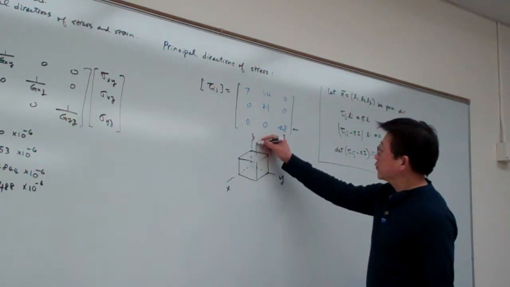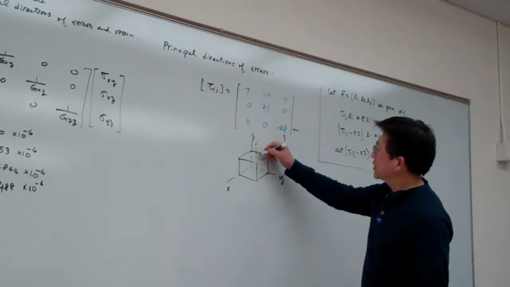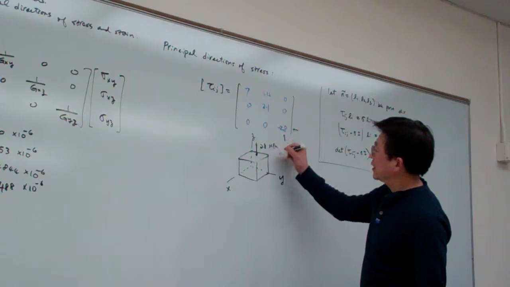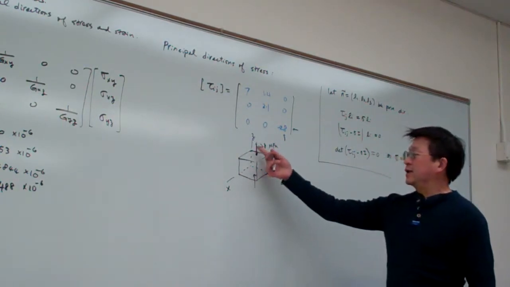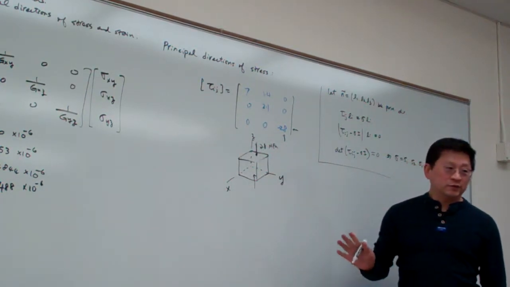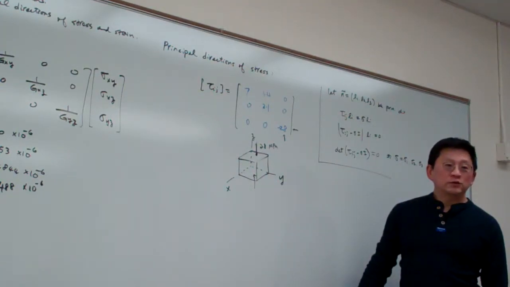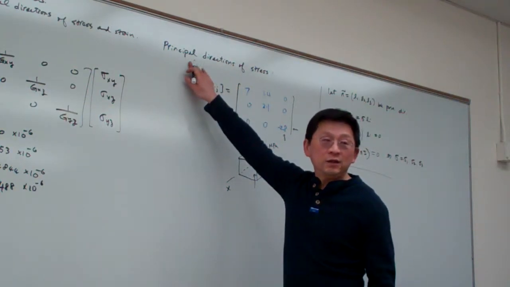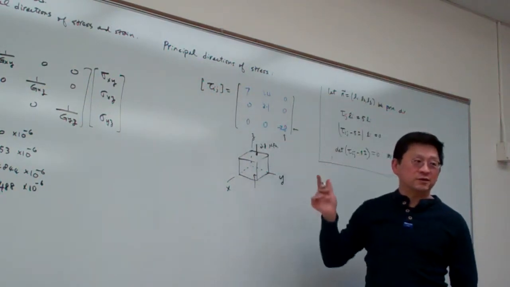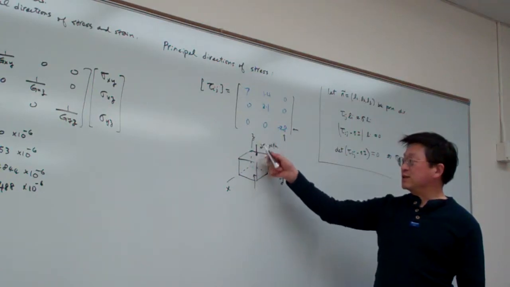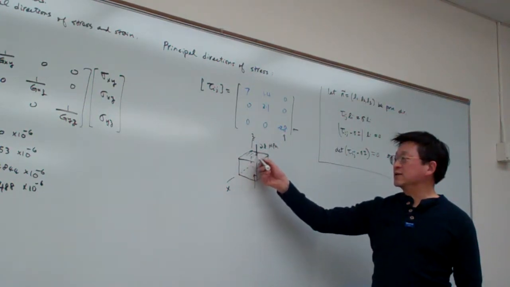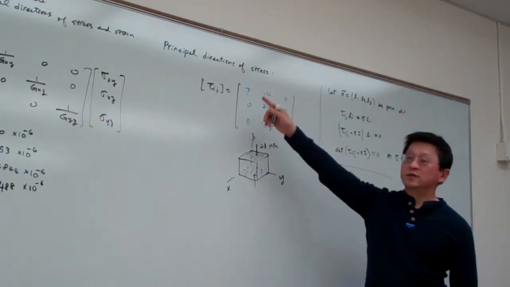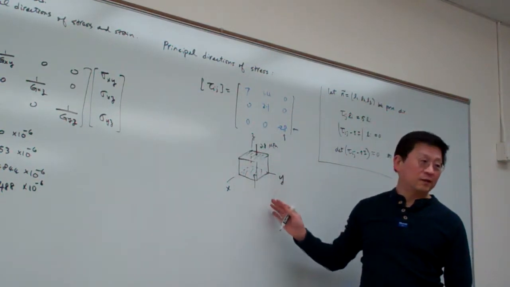In the z direction, we only have the normal stress that is compressive 2.8 MPa, right? At least in the z direction, there is no shearing stress component. So per our definition, what is a principal direction? One in which the shearing stress components are 0. In the z direction, in this plane, you see there's no shearing, right? So right away we can identify one of the principal directions as the z direction.